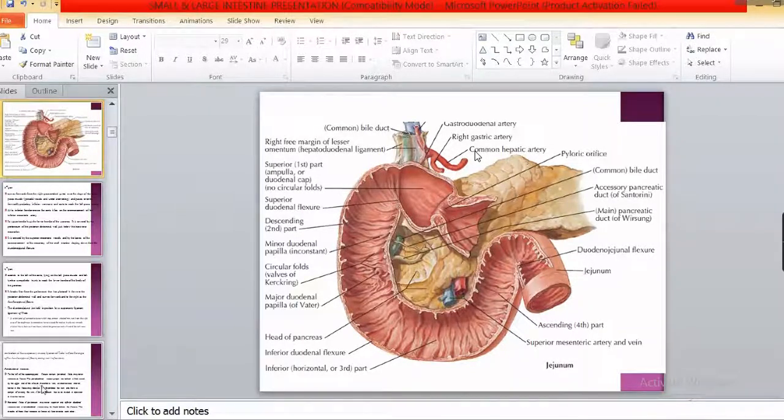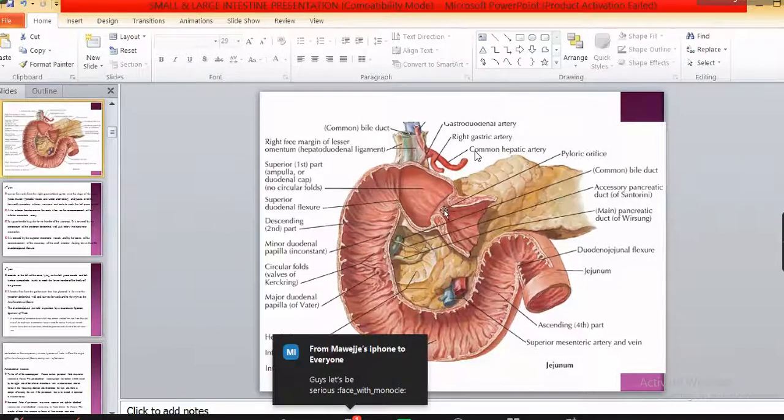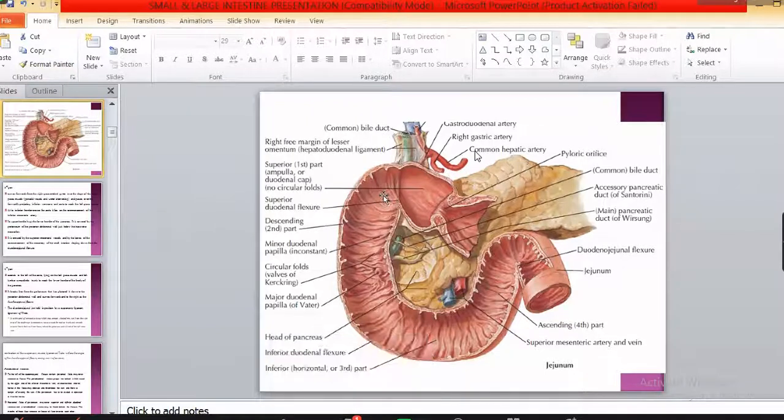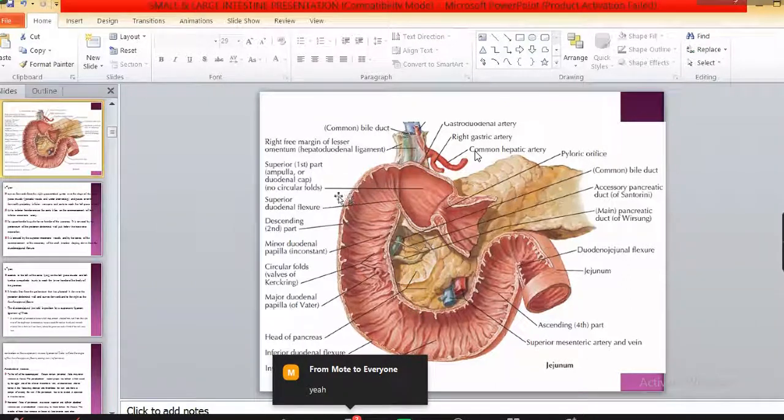Some might remain in the stomach because they cannot go across the pyloric orifice to enter the duodenum, so they remain in the stomach. Others may enter the duodenum, but they cannot make the turns from the first portion to the second portion. So they perforate the wall of the second portion and they end up in the hepatic flexure.